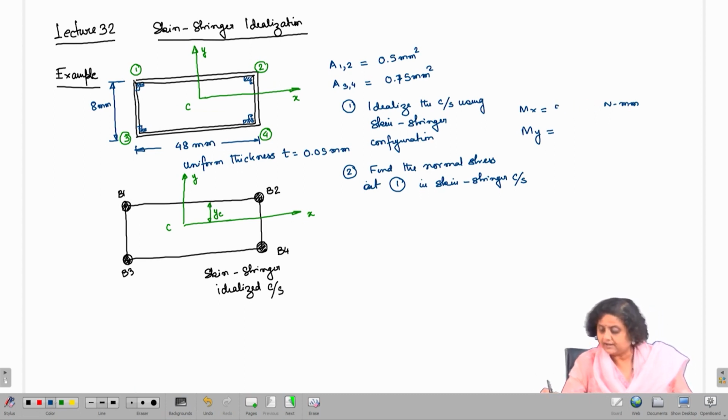So, this is 5 followed by 5 zeros, and this is 1 followed by 5 zeros Newton meter.